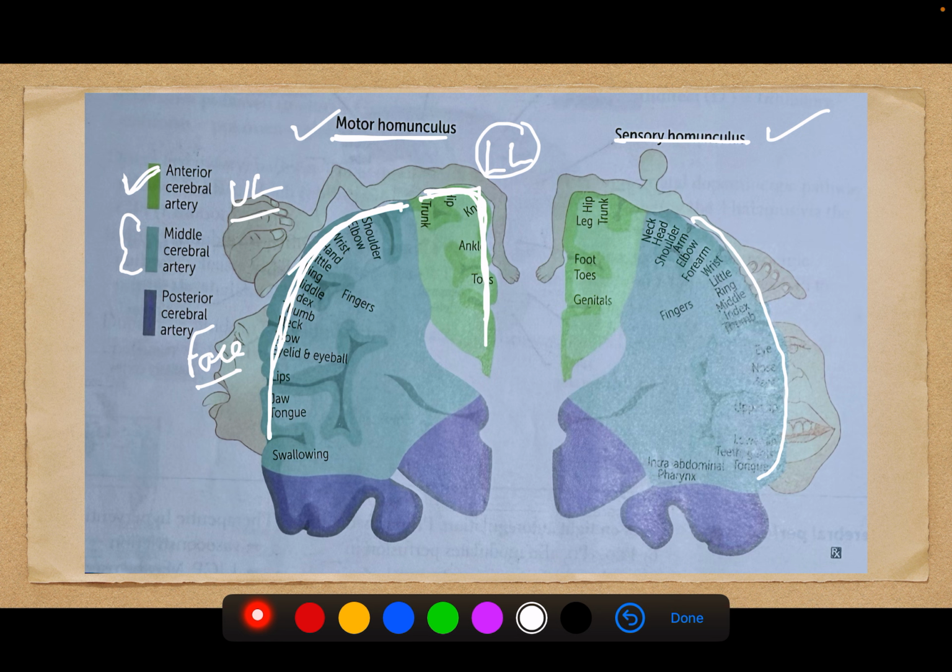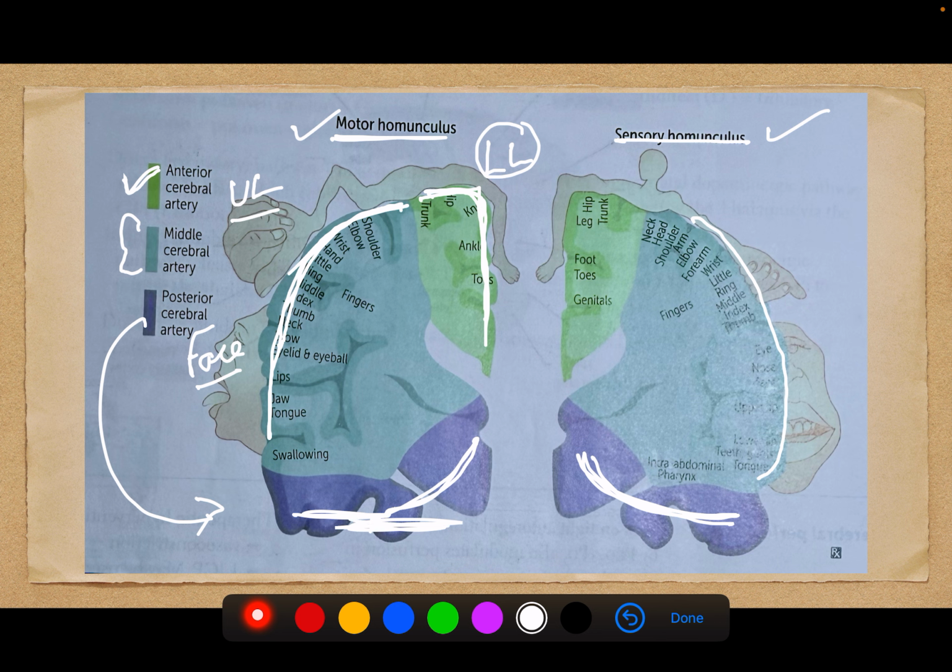And the posterior cerebral artery supplies mainly the posterior-most aspect or the inferior aspect of the cerebral hemisphere. So it's very easy to remember. For the posterior cerebral artery there is mainly one characteristic symptom: if this part is affected, there will be contralateral hemianopia with macular sparing.